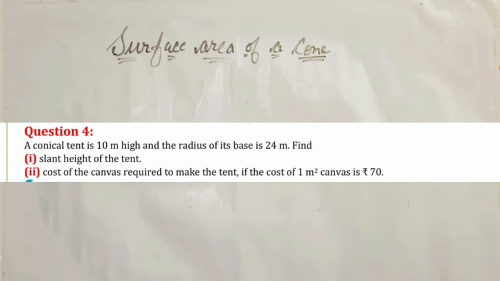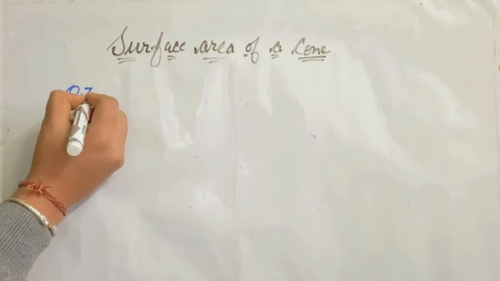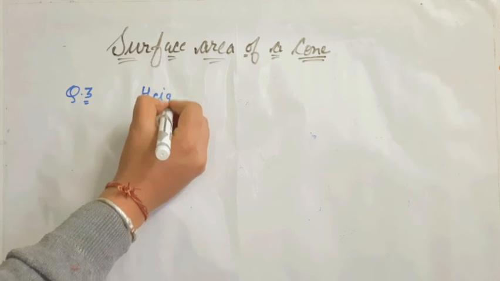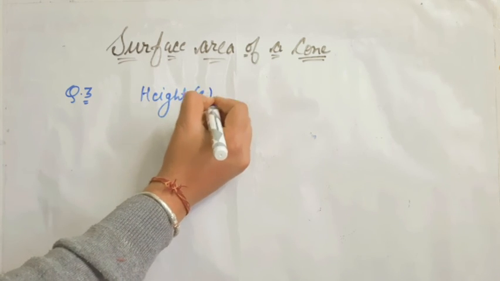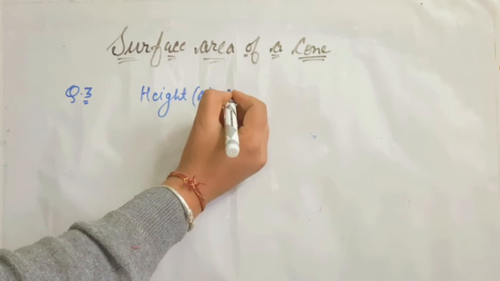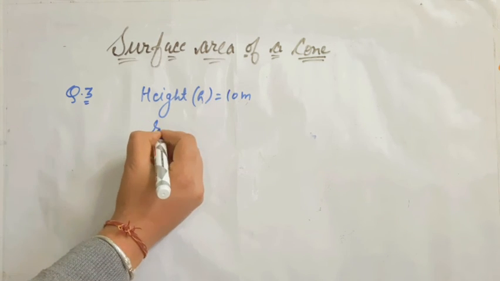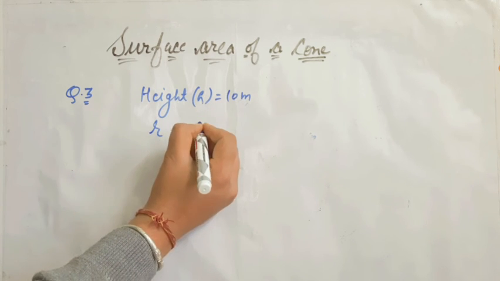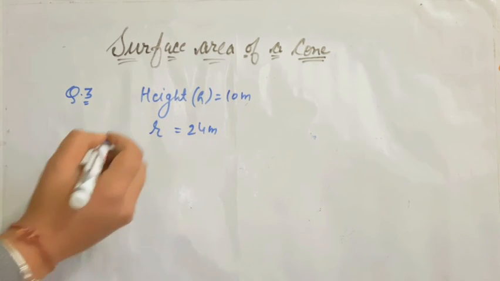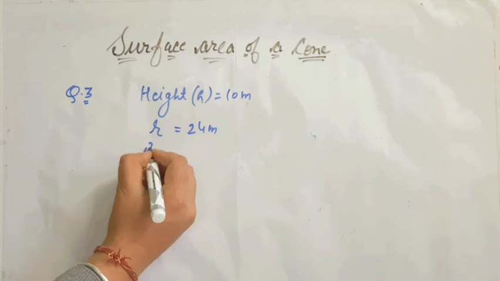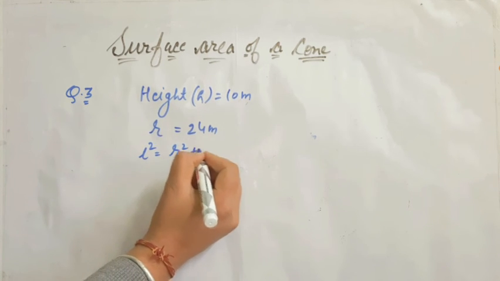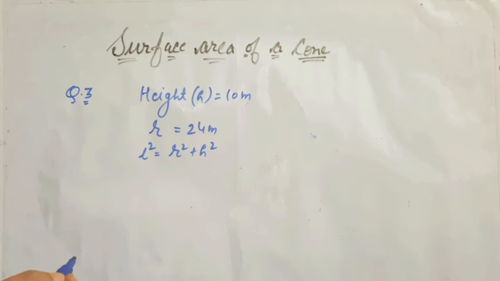The next question I am going to discuss is: a conical tent is 10 meter high and the radius of its base is 24 meter. What is given now? In question number 3, height is given, it is not slant height, height h is given equal to 10 meter and radius of its base is 24 meter. Now what will be the slant height? You know the relation L square equals R square plus H square, because we need slant height for the surface area.